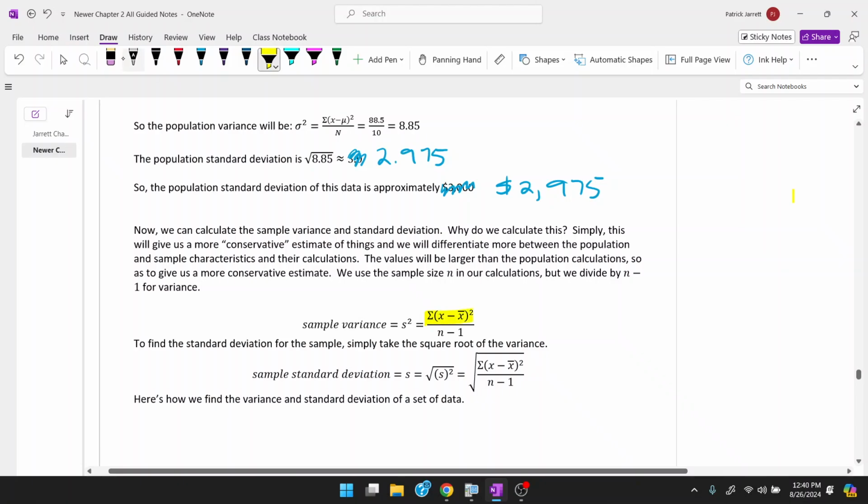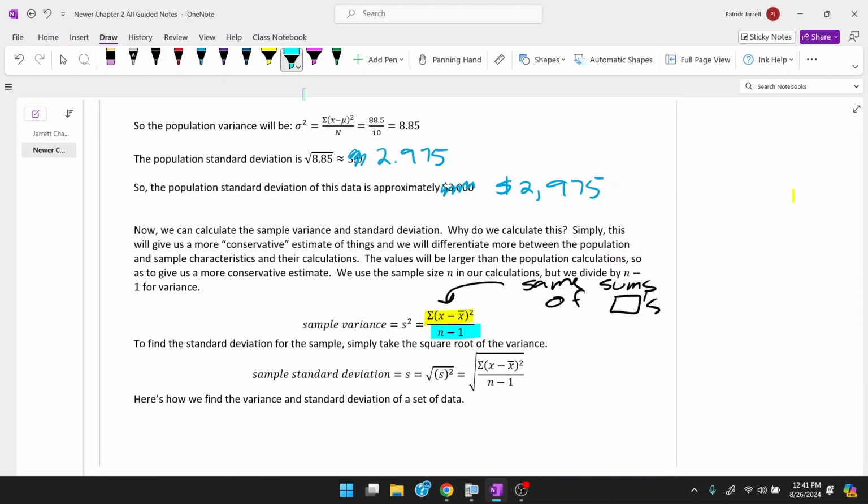Even though this formula is a little bit different, it's still the same sums of squares. But rather than dividing by n, you will divide by one less. So how many pieces of data would n minus 1 be? 9.